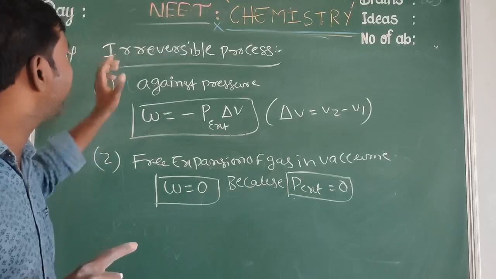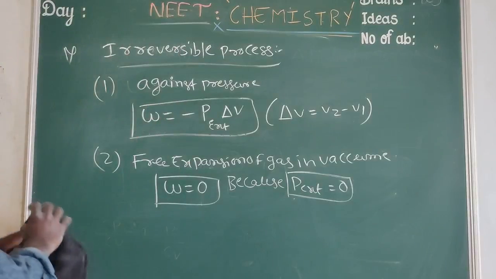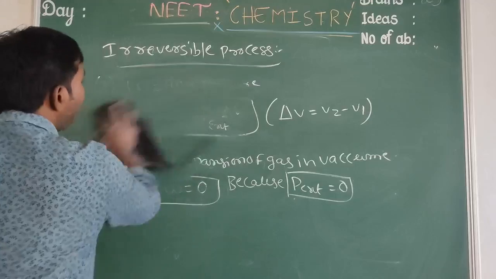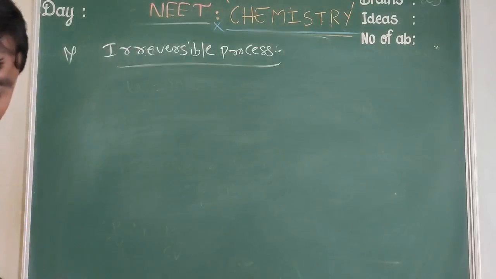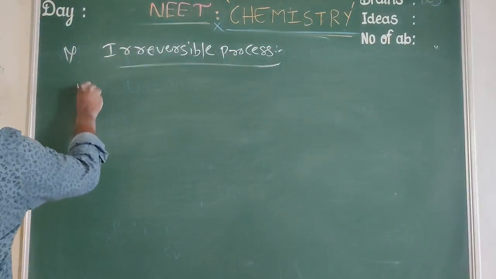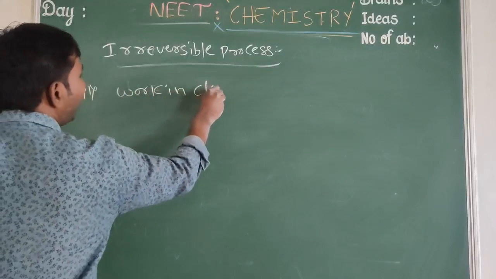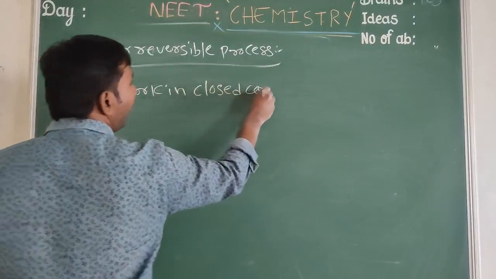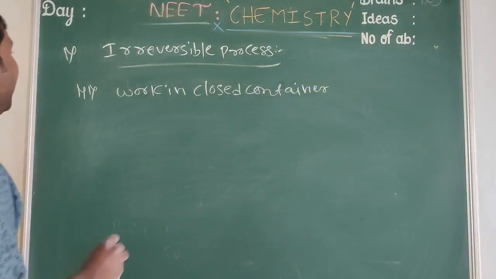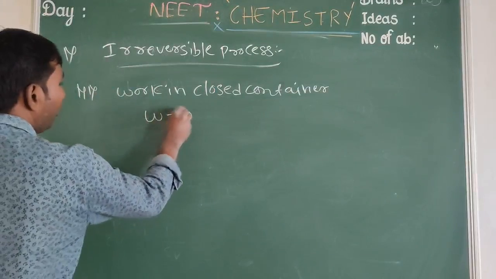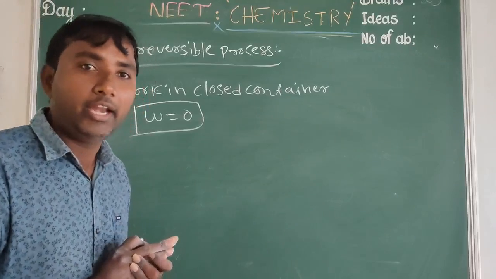This is the formulas for irreversible process. Next, another important line you should remember. Work in closed container. In closed container, work equal to 0. So in problems, they give it logically, so don't do calculation.